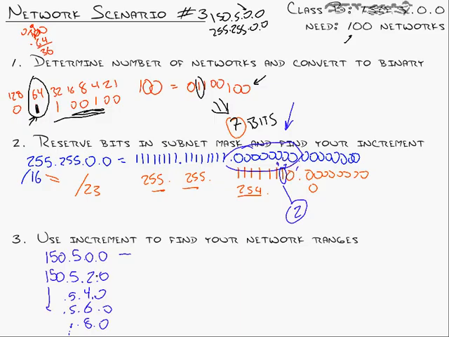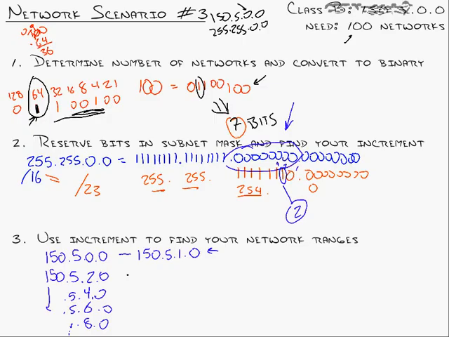You look at this and ask the question, what is the last IP address before I get to 150.5.2.0? Well, you look at it and go 150.5.1, and be careful right here, because I know you might be thinking, well, 1.0, right? Well, remember, if we do 150.5.0.0 through 150.5.1.0, if I put a 0 right here, then that's where this first range ends, and the next one picks up at 2.0.